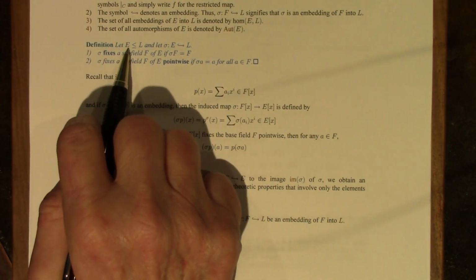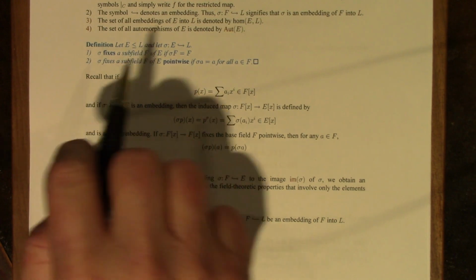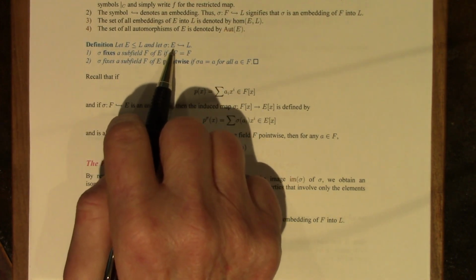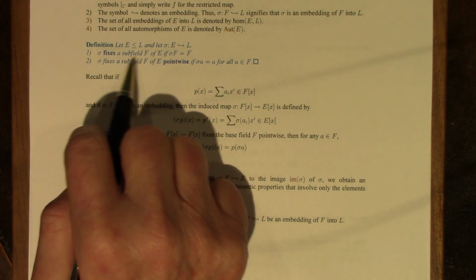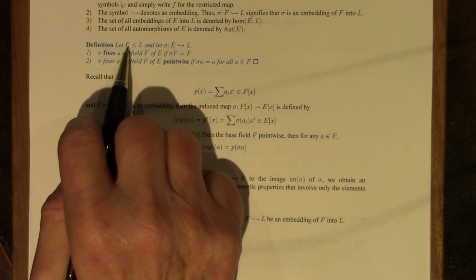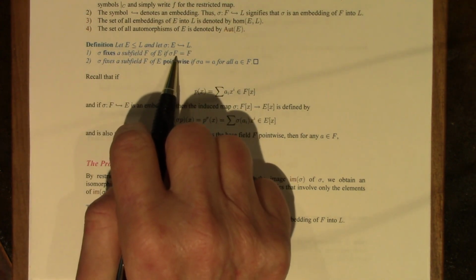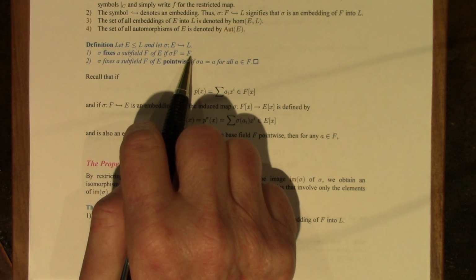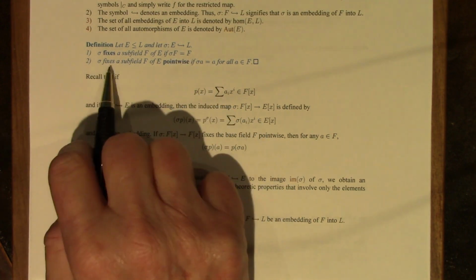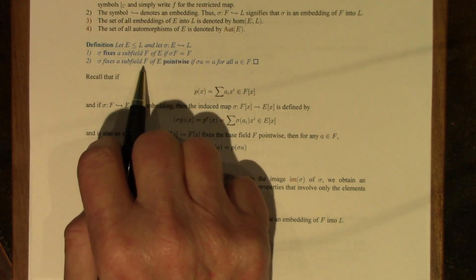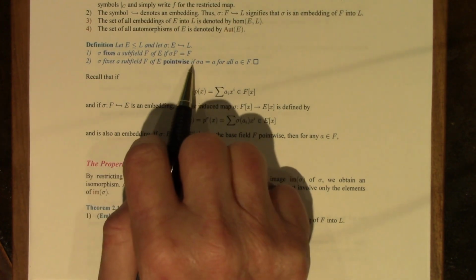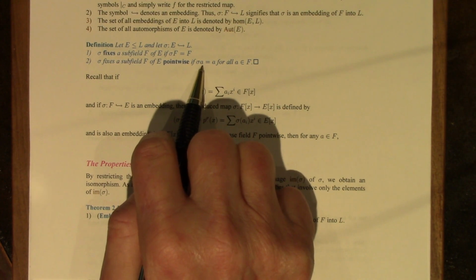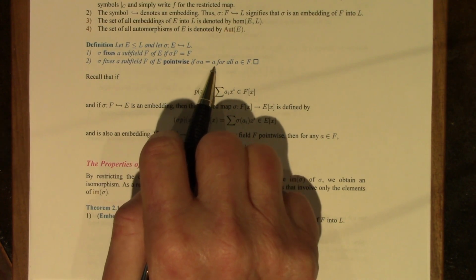Definition: let E over L be a field extension. Let sigma be an embedding of E into L. Sigma fixes a subfield F of the domain E if sigma of F is equal to F. Sigma fixes a subfield F of E pointwise if sigma sends every element of F to itself.